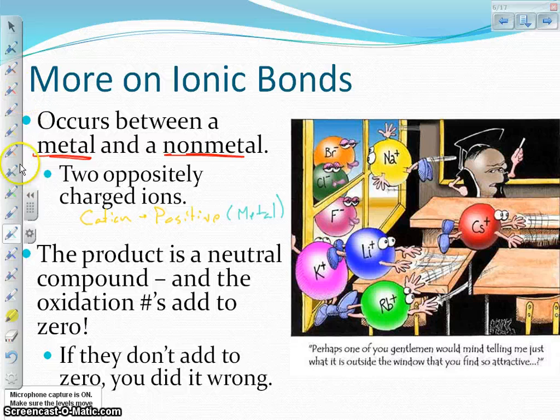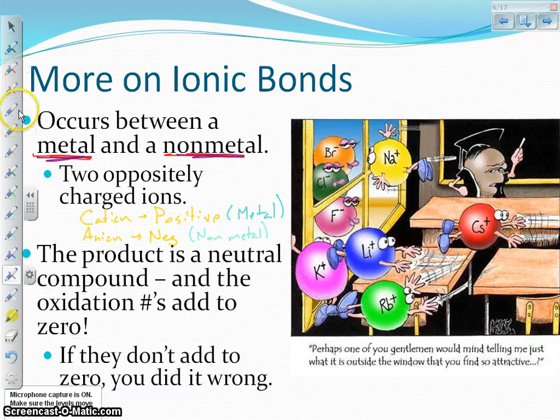On the other hand, you have an anion, which is going to be negatively charged, and that is going to be our nonmetal. So because we've got two oppositely charged atoms, one has to be a metal and the other has to be a nonmetal. Okay? And so your ionic bonds always occur between your metal and nonmetal.